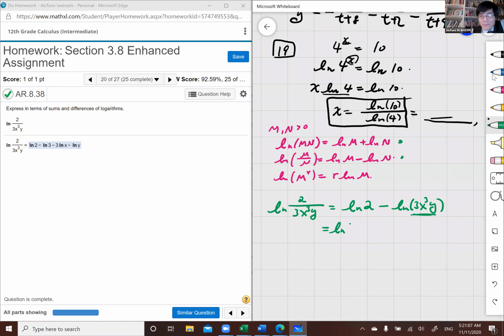Be careful that you have to use parentheses. So this becomes ln of 3 plus ln of x cubed plus ln of y. Now this cube you can bring down to here using this rule. And after you remove the parentheses, you get the result.